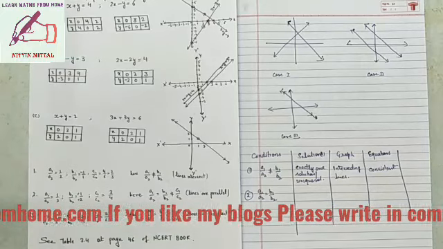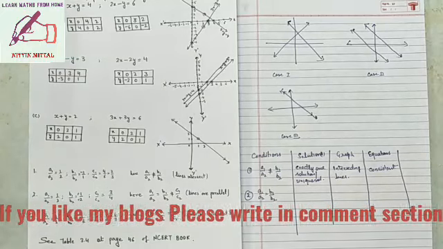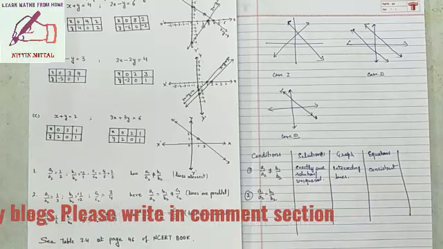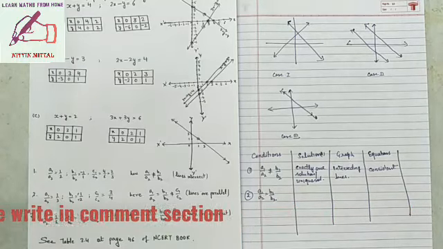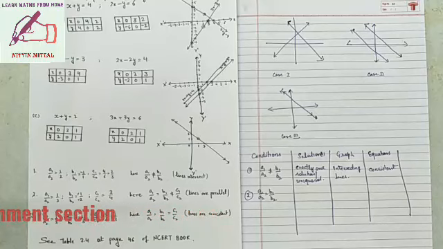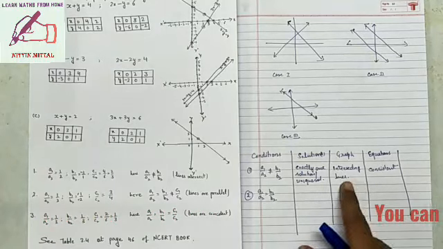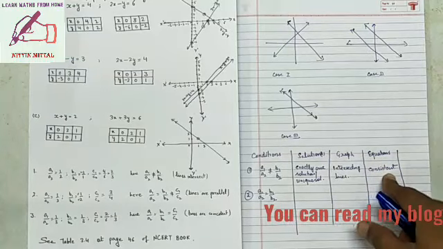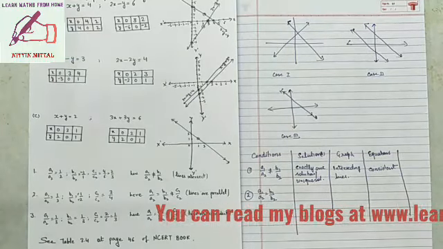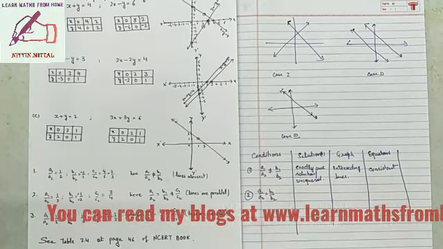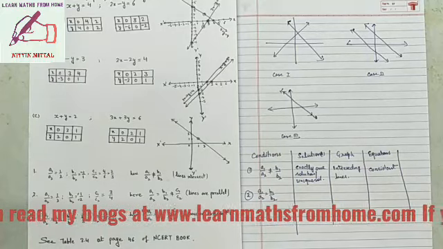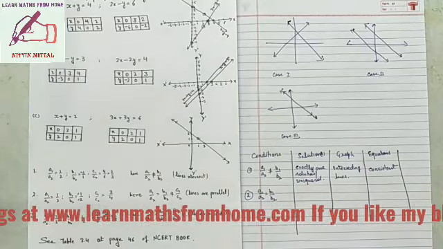If a1 over a2 and b1 over b2 are not equal, then you can conclude these results without making a graph, without finding the solution, just by observing the ratios of coefficients, right?